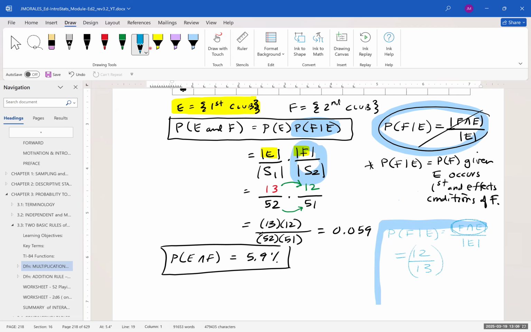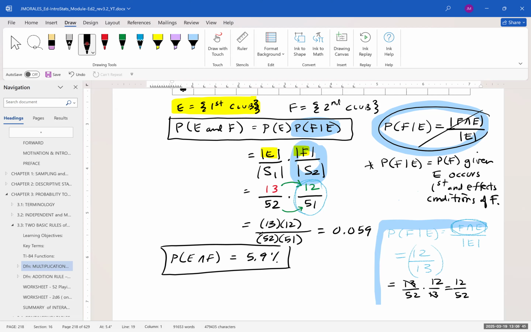And so if we had instead put 12 over 13 instead of 12 over 51, that's going to change the nature of our answer. So we'd have 13 over 52, and instead of having 12 over 51, we had 12 over 13. The 13s would cancel. That would give us 12 over 52.